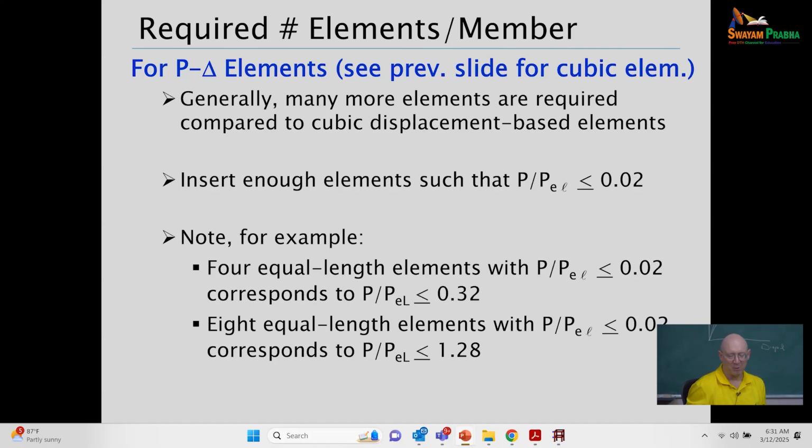Again, for your second order solution, though, we're usually not getting closer than about 70% of the Euler load, because you always have some bending. You've got phi factors or partial safety factors on even your elastic buckling response, so you're not getting that close to the theoretical elastic buckling load.